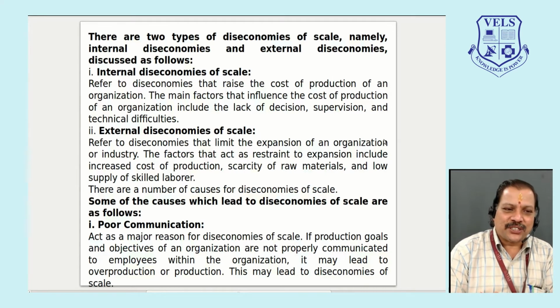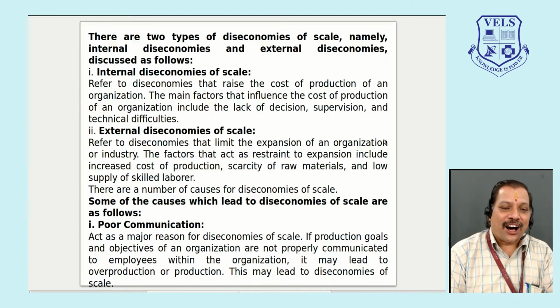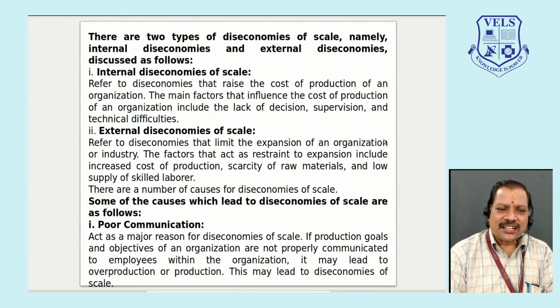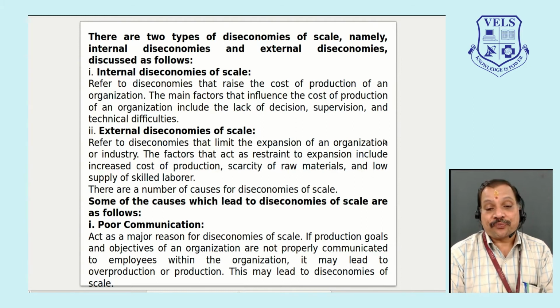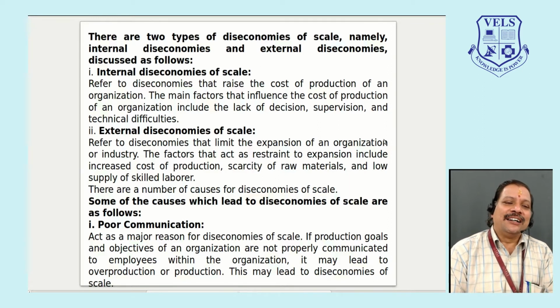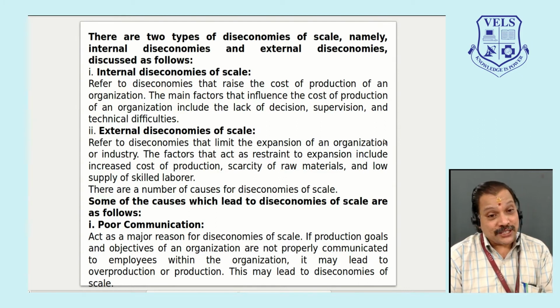Internal diseconomies of scale refers to diseconomies that raise the cost of production of an organization. The main factors that influence the cost of production of an organization include the lack of decision, supervision, and technical difficulties. These are all the things we face internally. But there are few problems externally also.